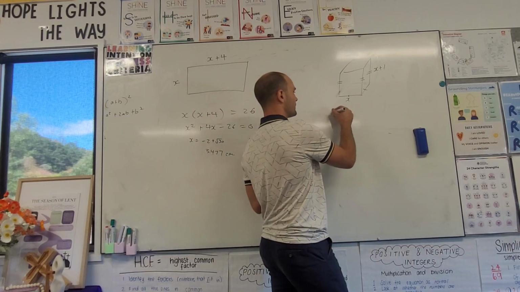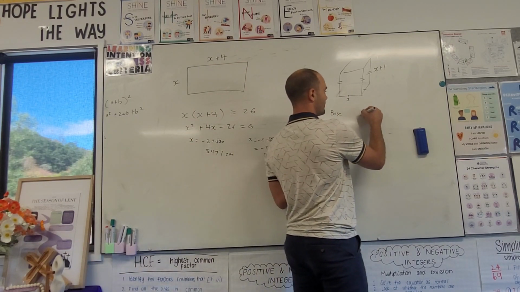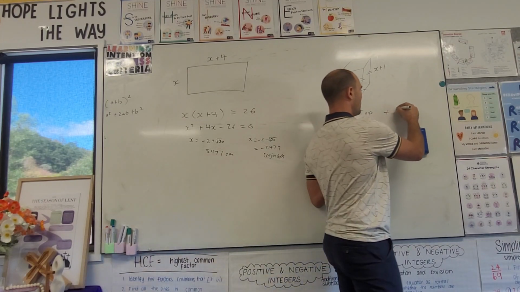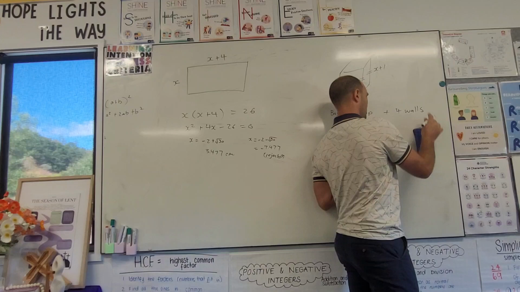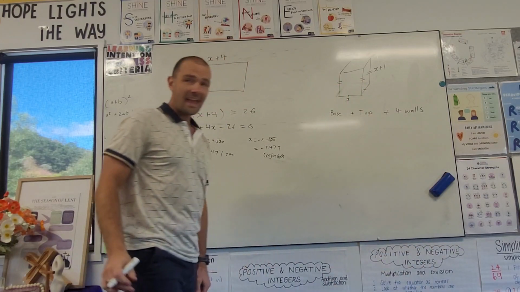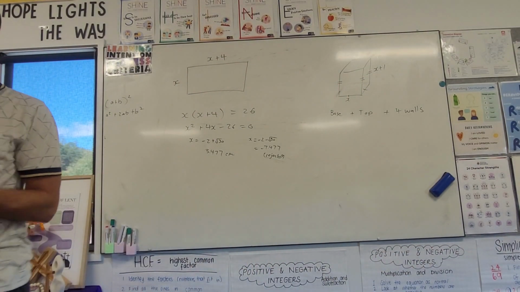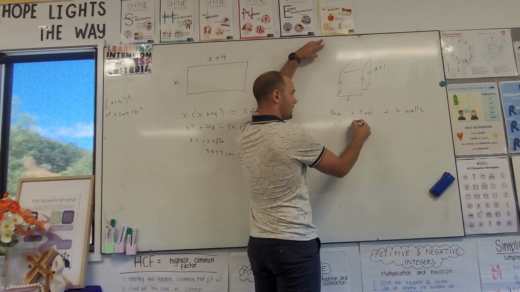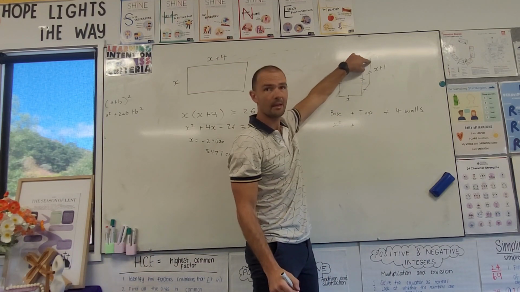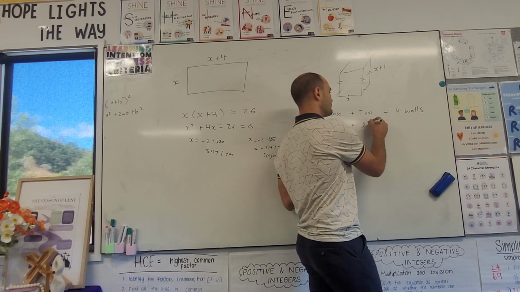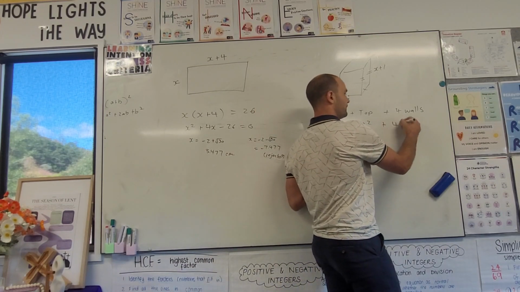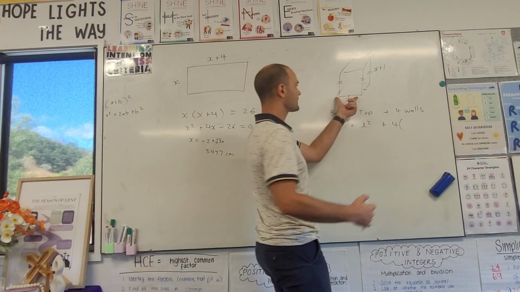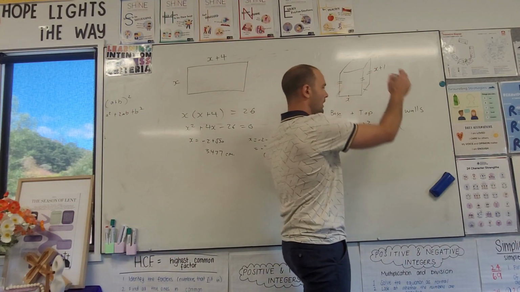So we have the base, the top, and then 4 walls. The area for the bottom is just x times x, so the base is x squared. The top is the same, x squared. And the 4 walls are going to be 4 times, and each wall is x times x plus 1.